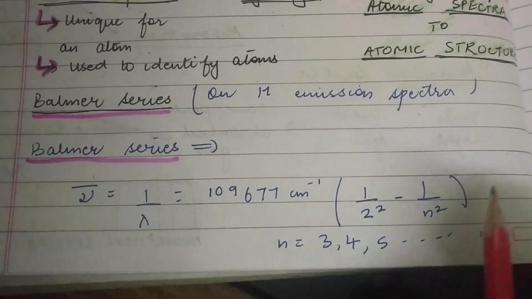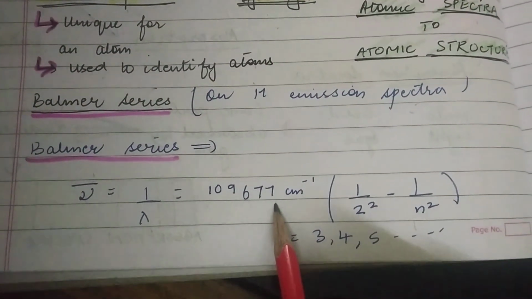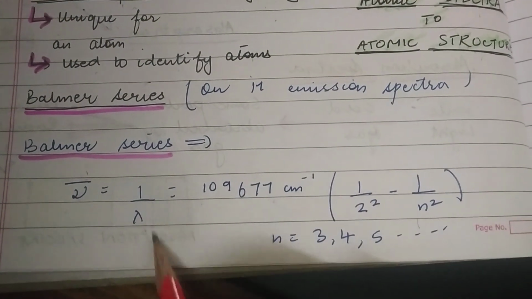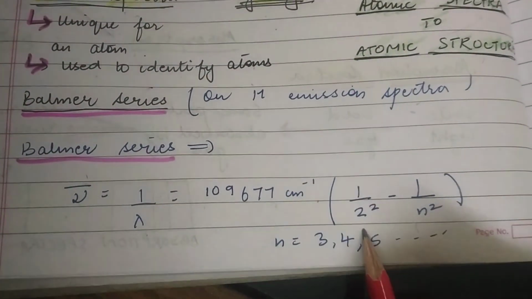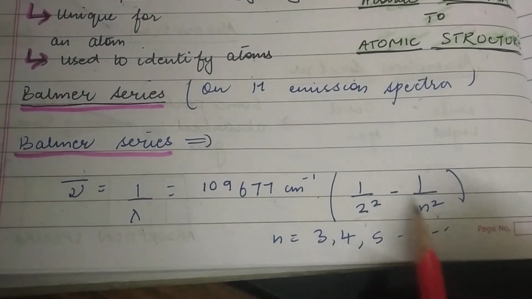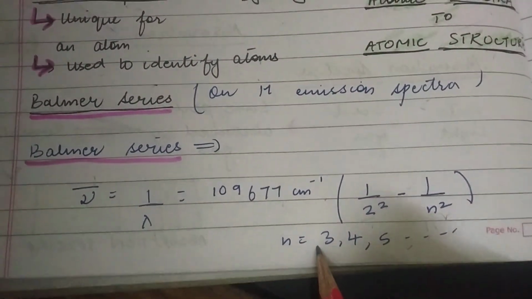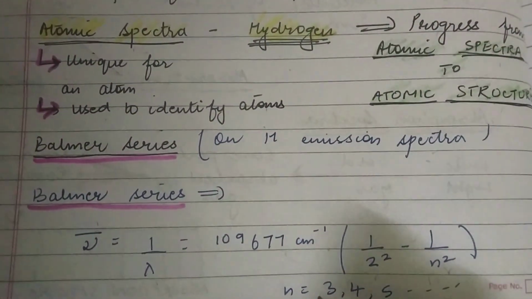After conducting a lot of studies he came to this expression: 1/λ = 109667 per centimeter × (1/2² − 1/n²), where n is an integer, that is 3, 4, 5. Please note it is not 2 over here. I will explain why.